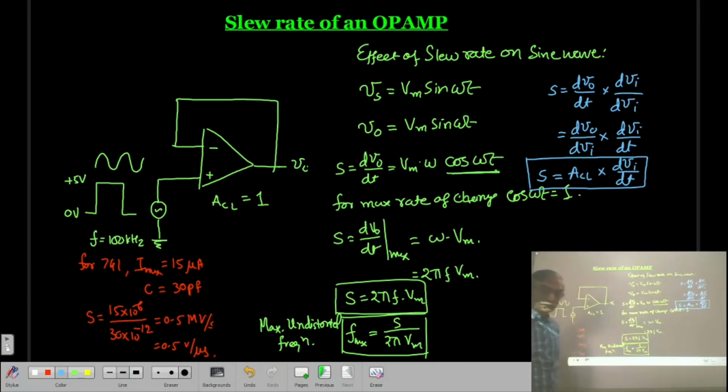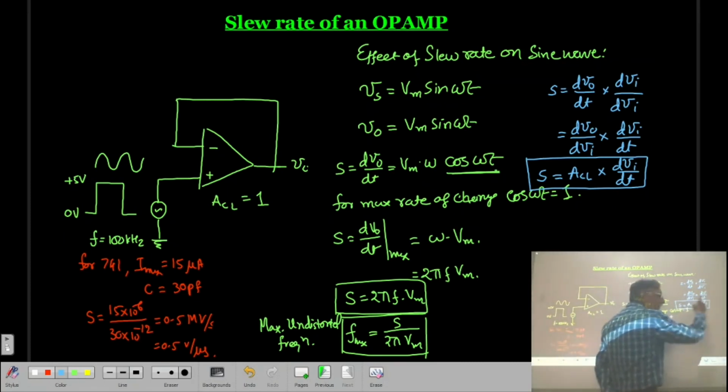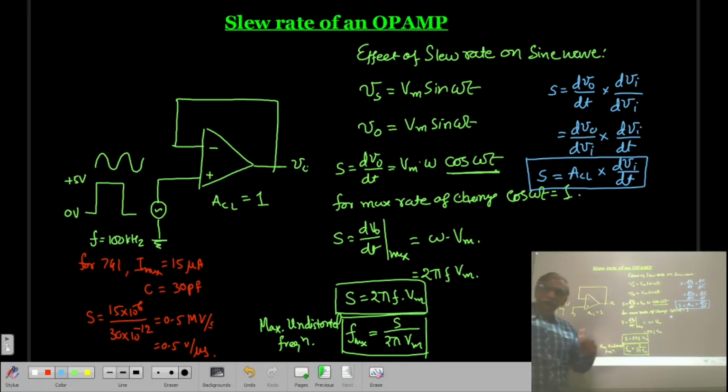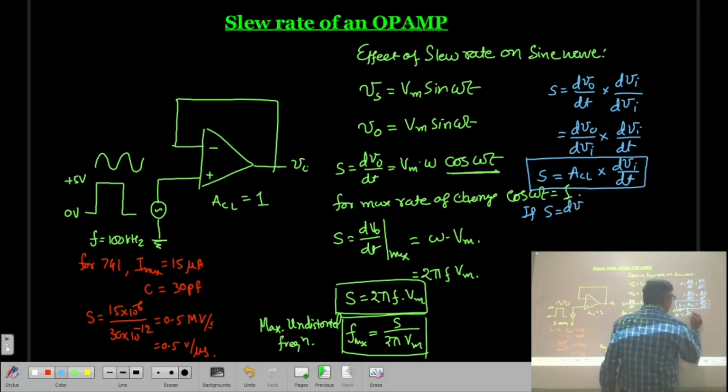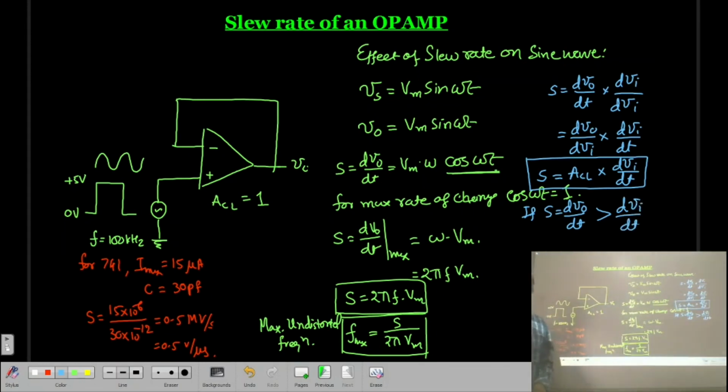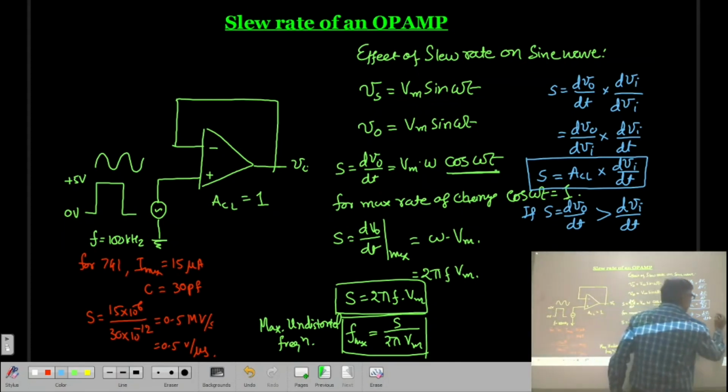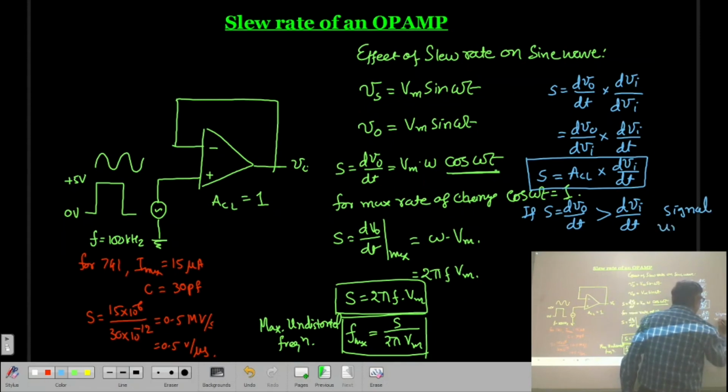And from this we can say that if S is greater than dVi by dt, then your signal is undistorted. But if S is less than dVi by dt, the signal is distorted. So, what is S? That is dVo by dt. If the slew rate is greater than dVi by dt, then this signal will be undistorted.